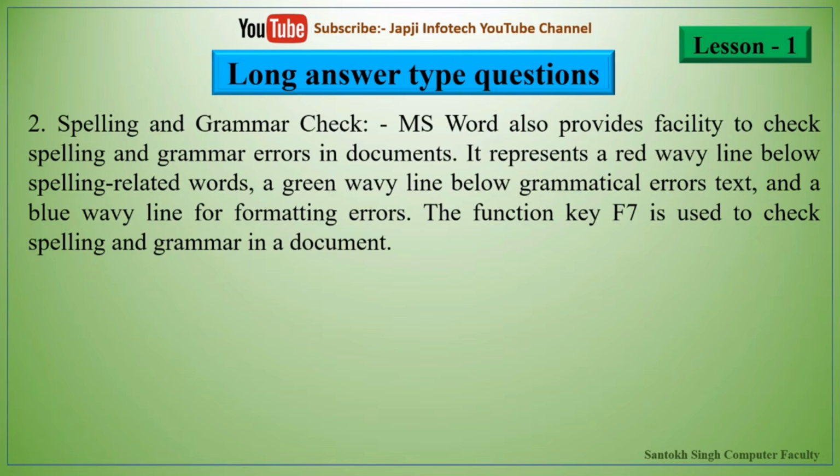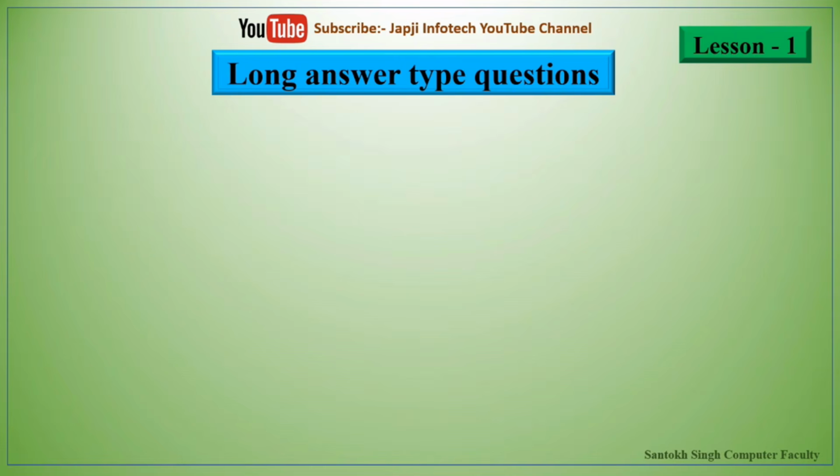MS Word also provides the facility to check spelling and grammar errors in a document. It represents a red wavy line below spelling related words, a green wavy line below grammatically error text, and a blue wavy line for formatting errors. The function key F7 is used to check spelling and grammar in a document.